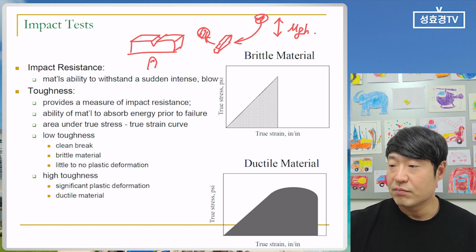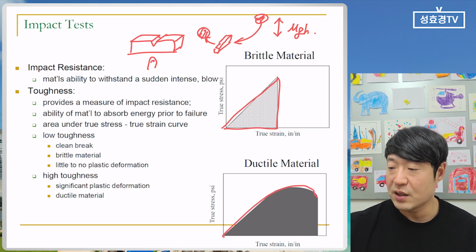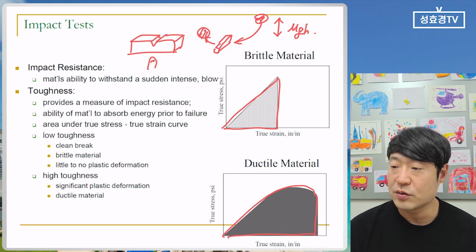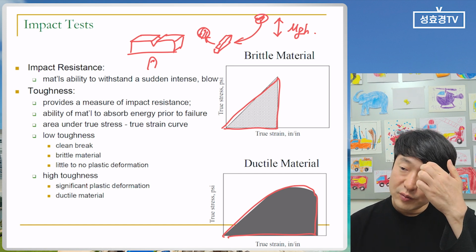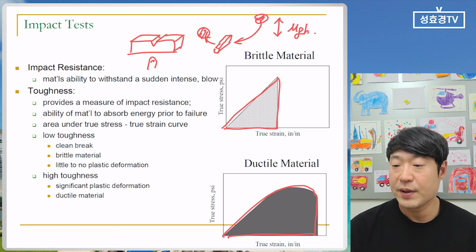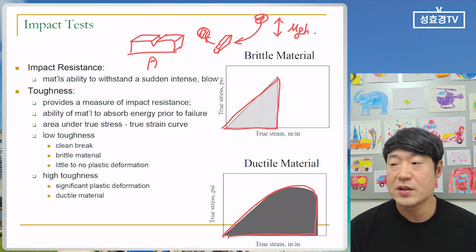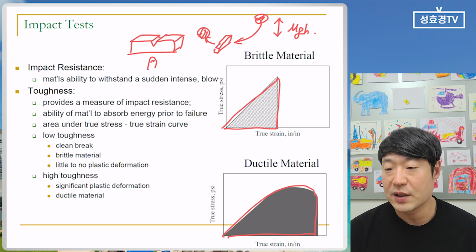In the brittle material, they do not have that kind of plastic deformation behavior, so they just show a graph like this. But in the ductile material, it is plastically deformed, so they show these behaviors. So for toughness, they have the notch in the Charpy impact test, so it is very easy to understand the toughness behavior.